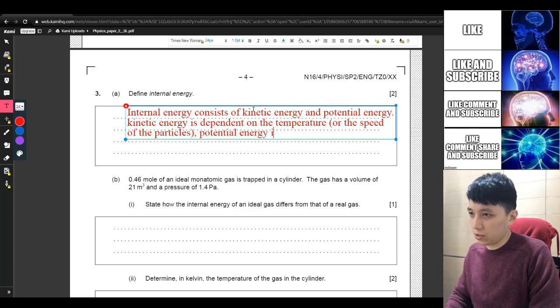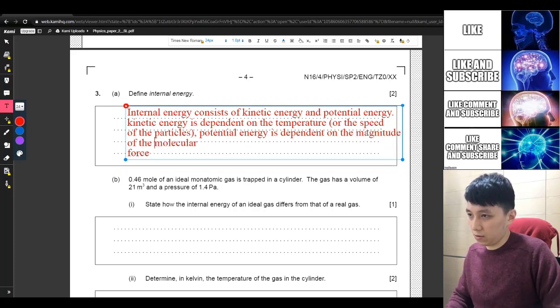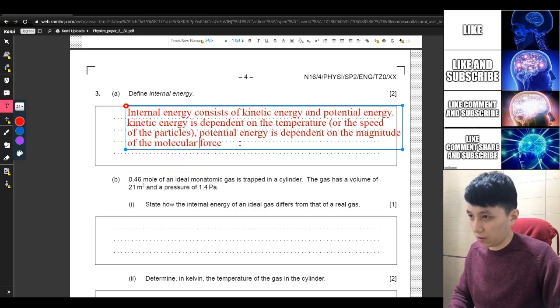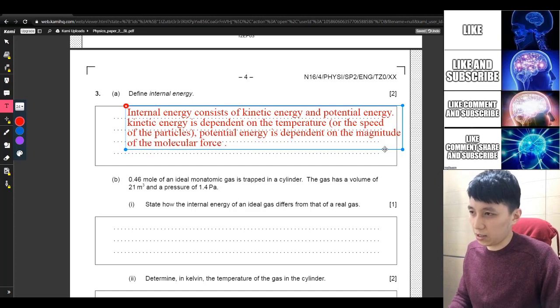Potential energy is dependent on the force, molecular force. The magnitude, should I say, of the molecular force. I think that's the best I can say. Okay, we'll see at the end.